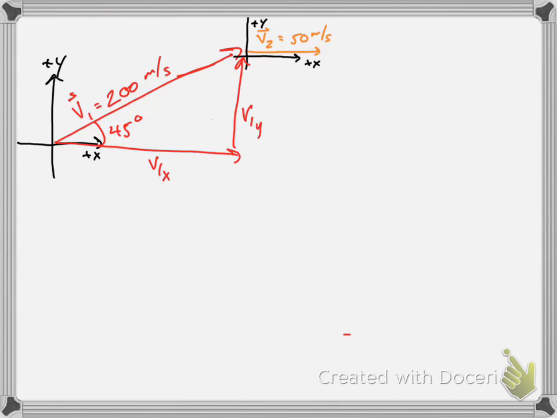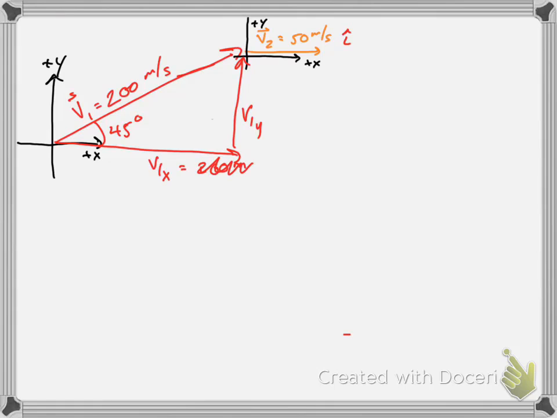So drawing the two perpendiculars for v1, I get v1x and v1y. I can do the geometry of that right triangle. And notice that v2 is along the x-axis, so v2 is all x component. The x component is 50 meters per second in the i direction.